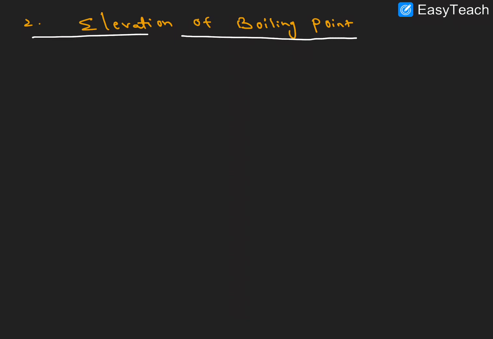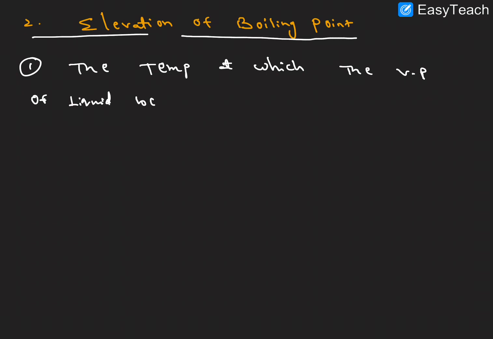The temperature at which the vapor pressure of a liquid becomes equal to atmospheric pressure, that's nothing but 1 atmosphere, is called boiling point.